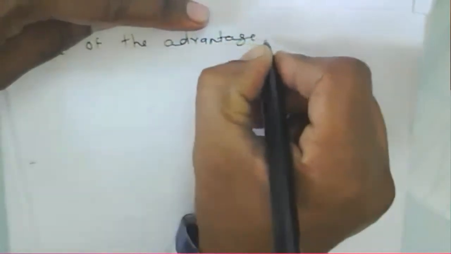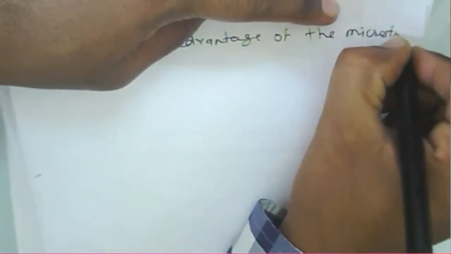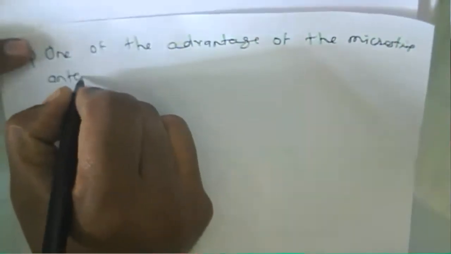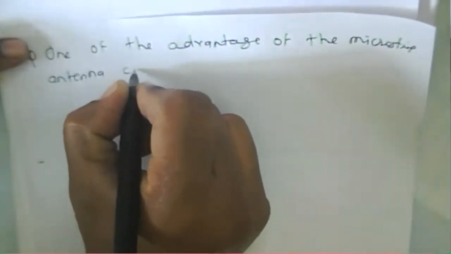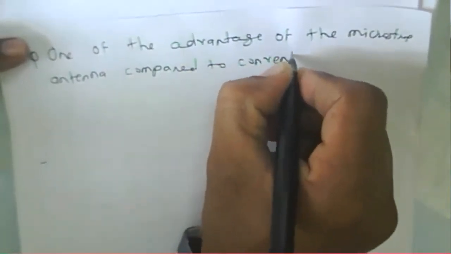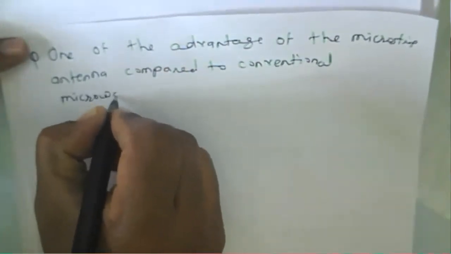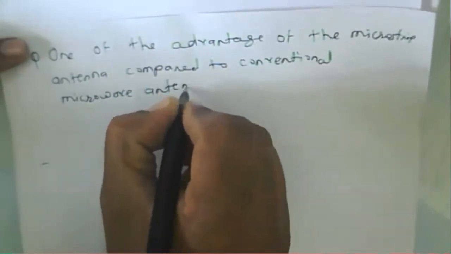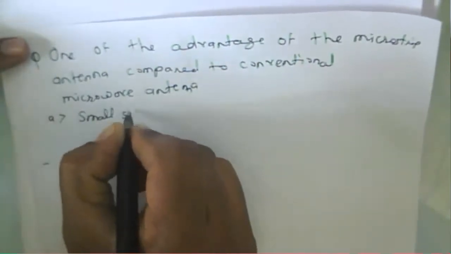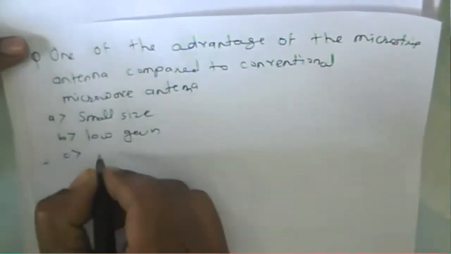Then, one of the advantages of the microstrip antenna compared to conventional microwave antenna: A, small size.